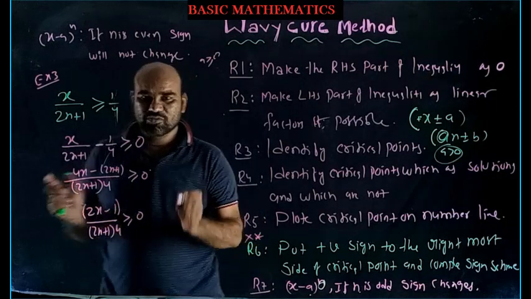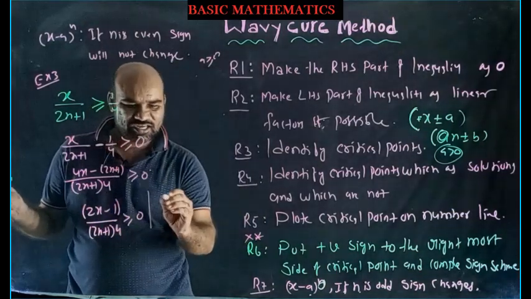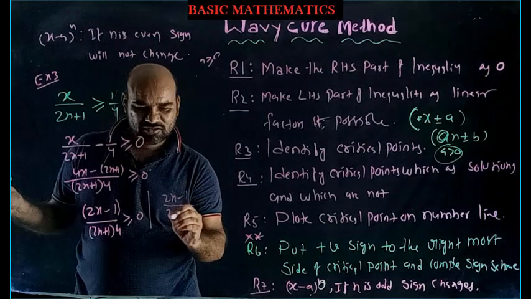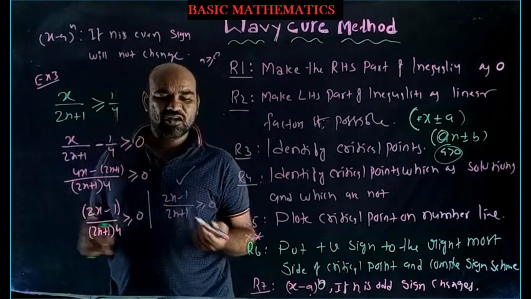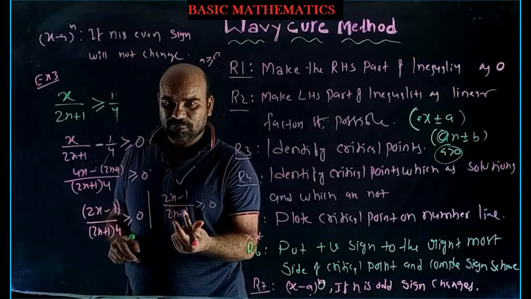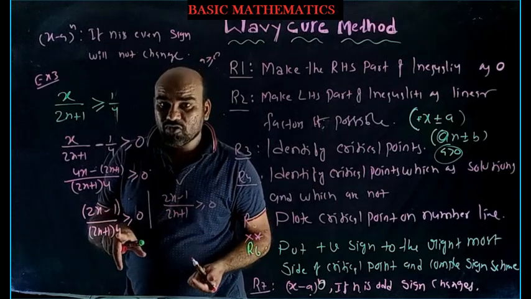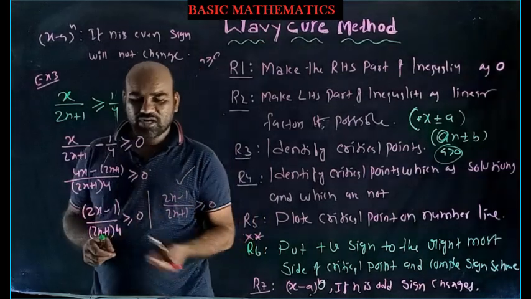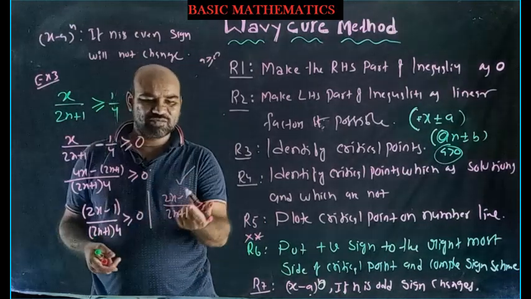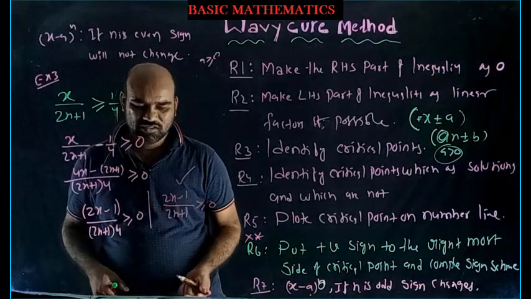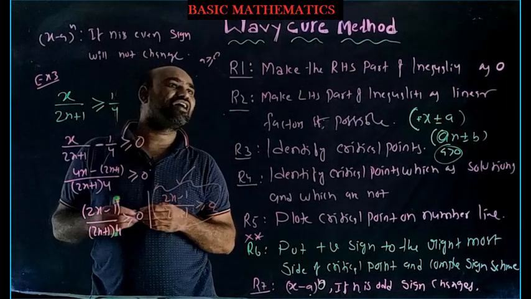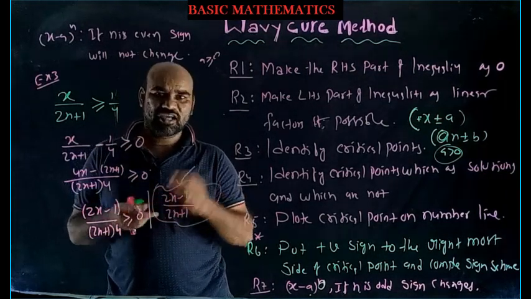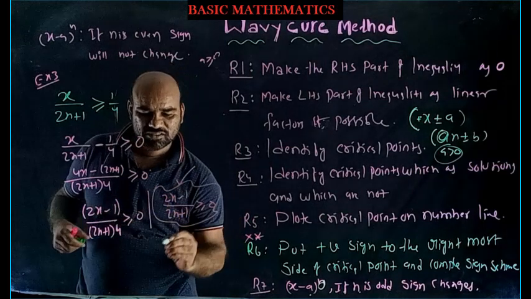Leave it out. Or directly I can write (2x minus 1) by (2x plus 1) greater than or equal to 0. Now it is enough to solve this inequation. Understood why I removed 4? If you multiply 4 on the other side, you will get the same thing. No use of 4. Now this is in standard form, so I can use the wavy curve method.